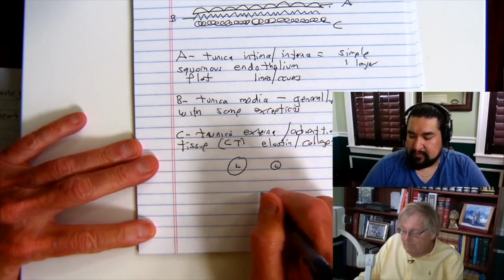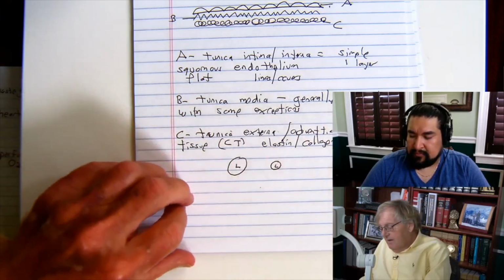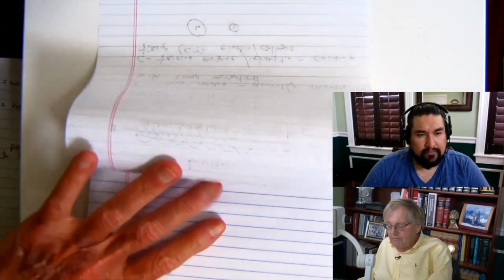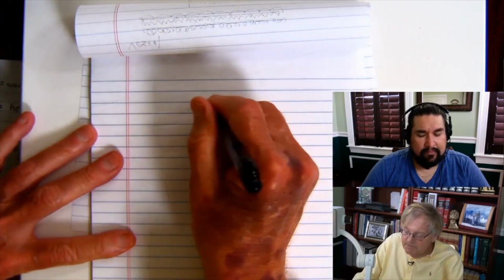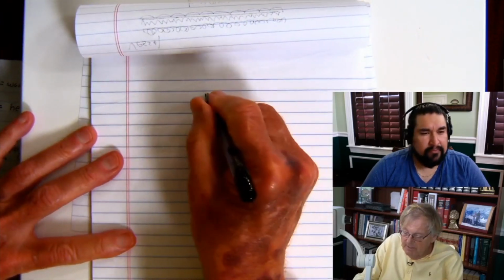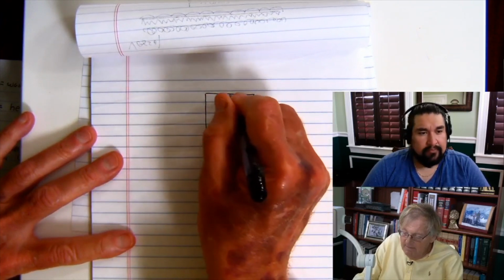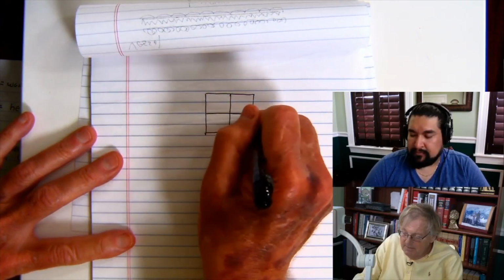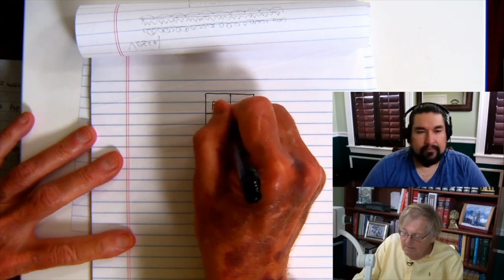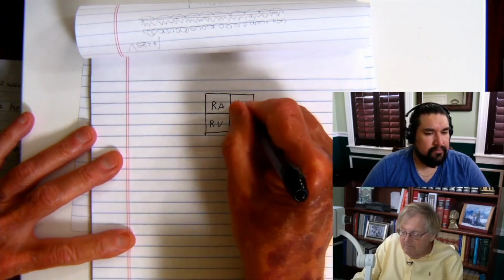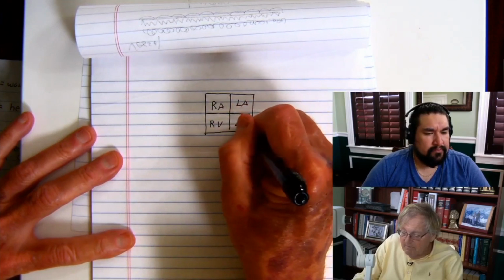So again, if we go back and draw the heart, I'm just going to make the heart very, very simple right now for you. And since this is my four-chambered heart again, remember you're looking down at your right atrium, your right ventricle, your left atrium, and your left ventricle.